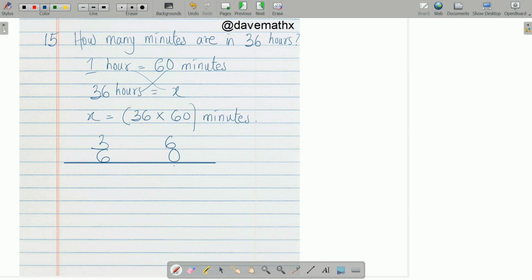Zero times 6 is 0. Zero times 3 is also 0. Then we move to 6, 6 times 6 is 36. We keep the remainder 3 at the top left corner. 3 times 6 equals 18, plus the remaining 3, thus the total is 21.